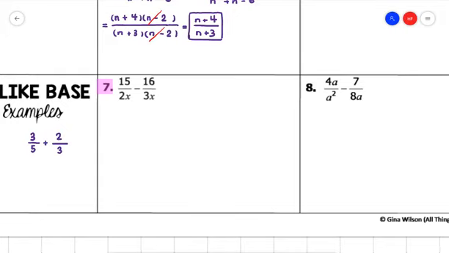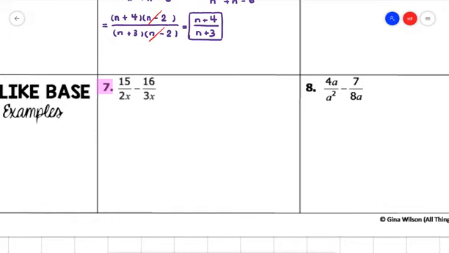And so we want to find the smallest number that they can both go into, which would be 15. So we know that we're multiplying by 3 and we're multiplying by 5. So here we would have 10/15, and here we would have 9/15, and that's how we would multiply to get our common denominator and then add them together.